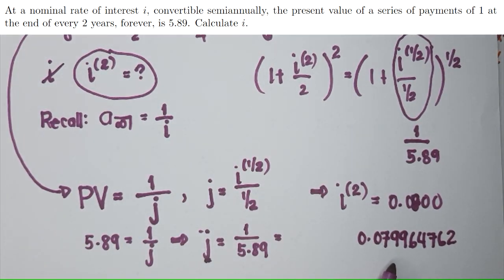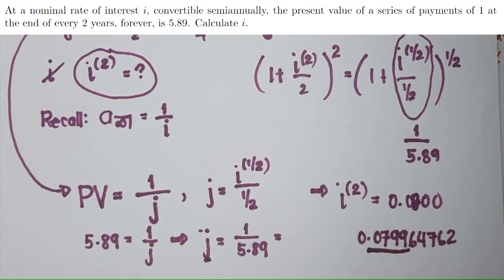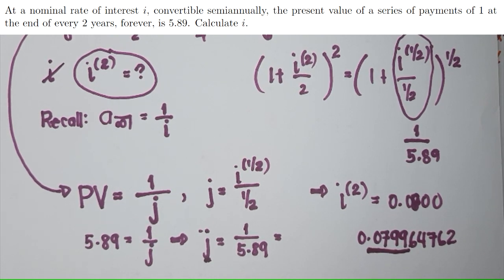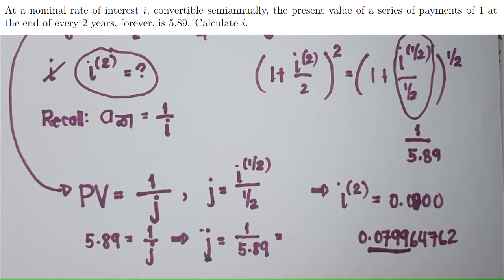So, when we round off to 4 decimal places, it becomes 0.0800.